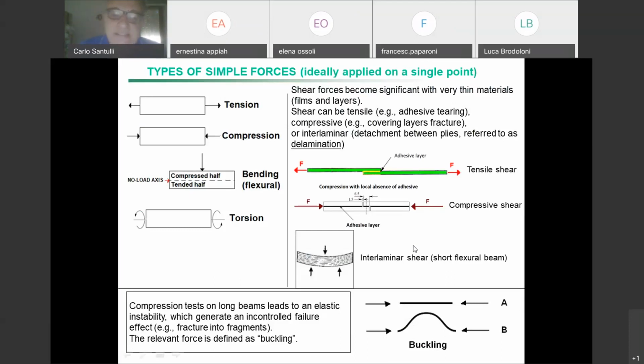Basically, you have the so-called elastic instability, in the sense that it's still elastic. You may remember that elastic means that it recovers completely after the force is removed. But even if you remove the force, it tends to buckle, it tends to be unstable, and then to break in a sort of flexural breaking.